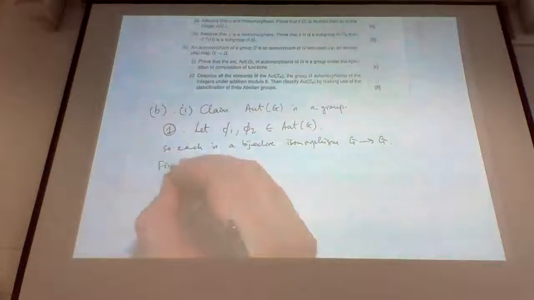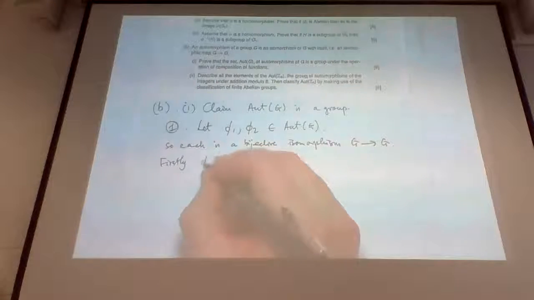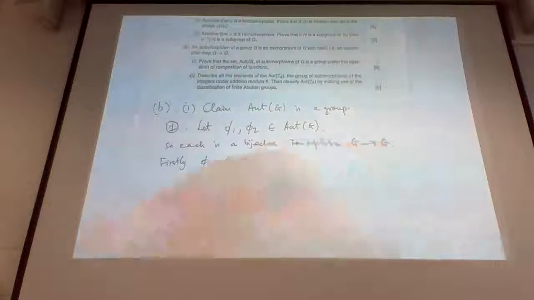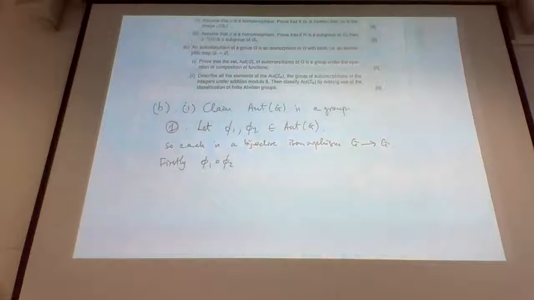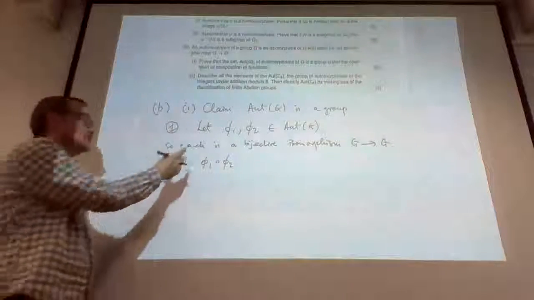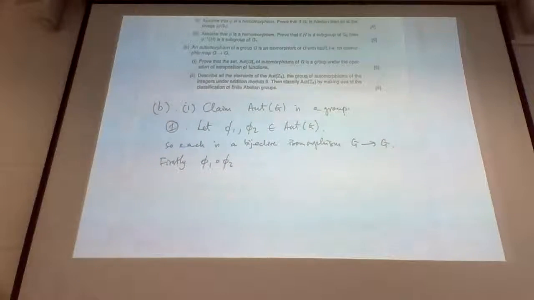So we want to talk about phi1 after phi2, phi1 composed with phi2. Now we'll allow ourselves to say that this is clearly a bijection. This is just making use of basic properties of maps of sets.